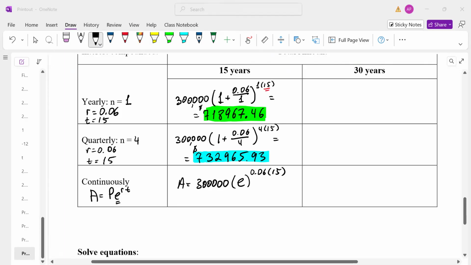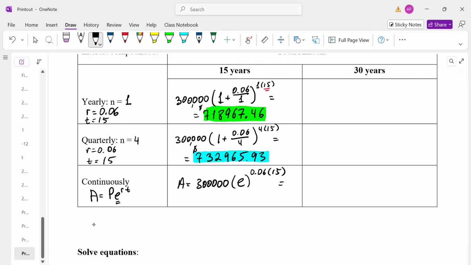Then you type in 0.06 times 15. And then we get our amount, which is $737,893. We're rounding to 2 decimal places since we're talking about money, so it's going to be cents.